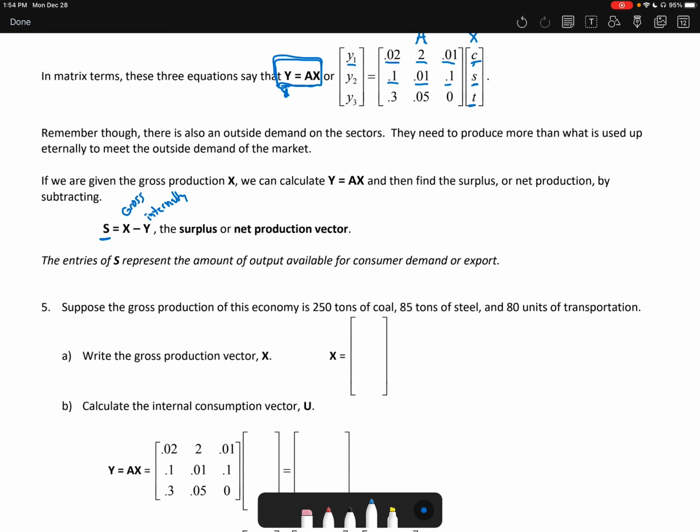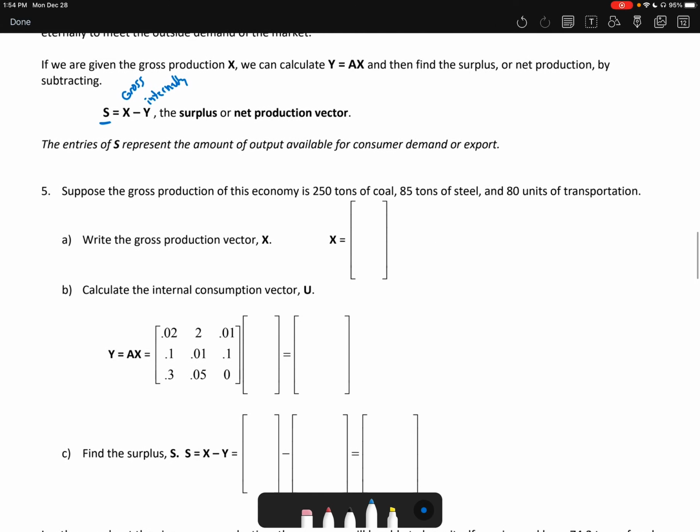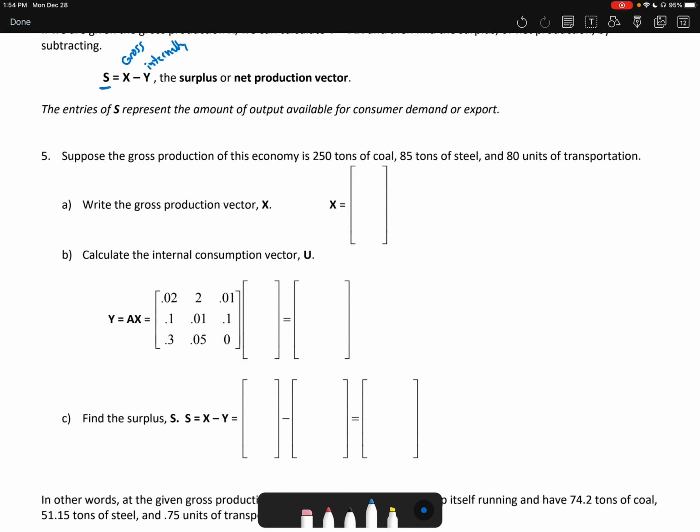Okay, so that's a fairly easy one, but you have to do the other parts first. So here's our example. It says, suppose the gross production, so you have to know that gross production is X, of this economy is 250 tons of coal. I'm just going to go ahead and fill this in.